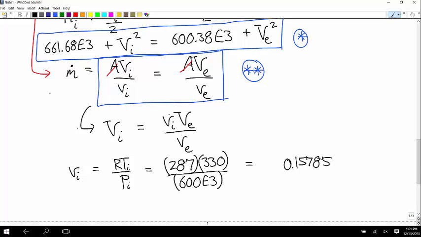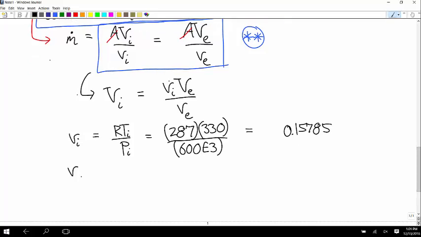0.15785. Okay, and that's SI units. And then for the exit, you have 287 times 300, and the pressure is 120 times 10 to the third.